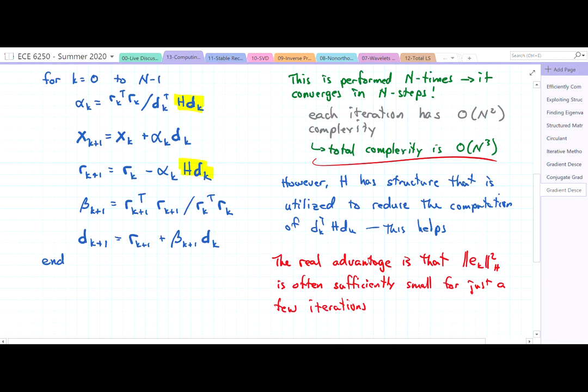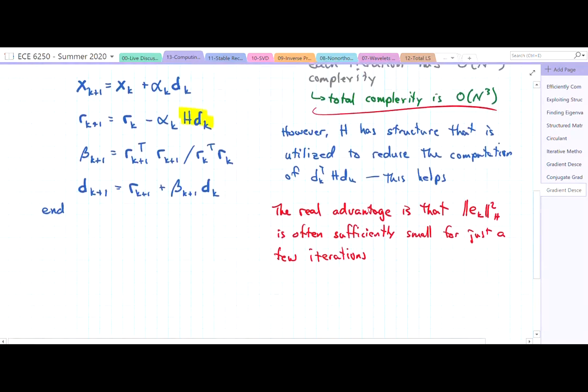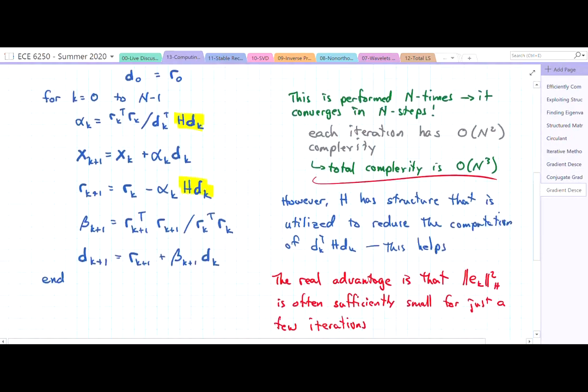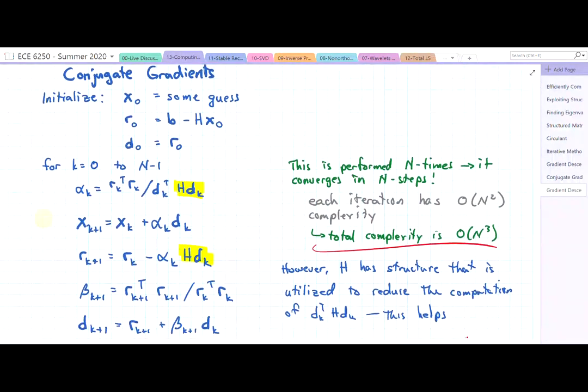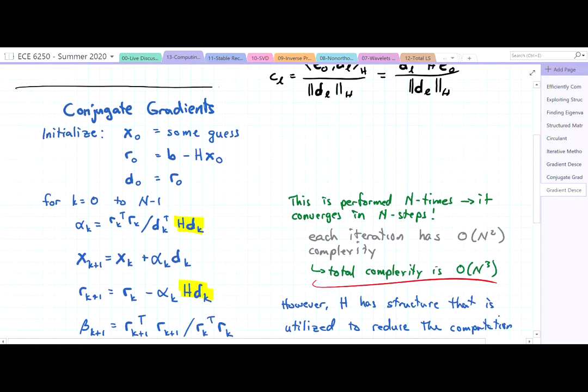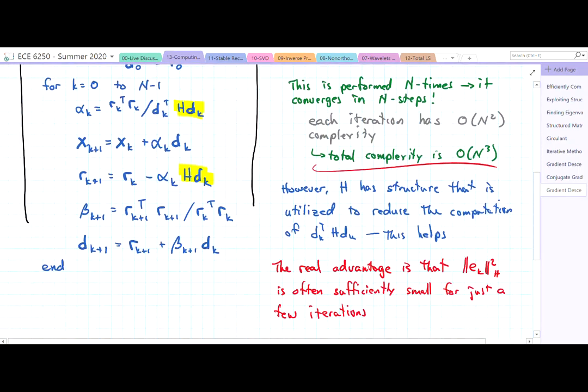So if we don't need an exact answer, we can get an approximate answer that's still potentially quite good, that uses far fewer iterations than you would see otherwise. Since we've boxed this beautiful little summary here of our conjugate gradient descent algorithm, it's quite easy to implement.